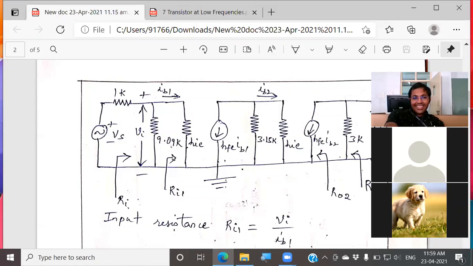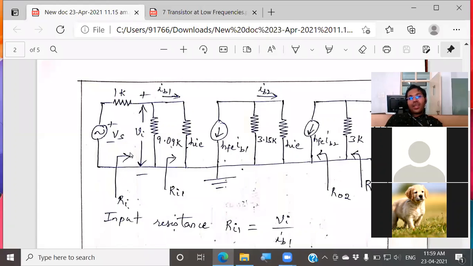So, the resistance looking into the terminals. Another thing you will observe is that the voltage is the same. See my mouse pointer, this terminal and then this terminal. The resistance looking into those terminals I am taking as Ri1, the input resistance of the first stage.